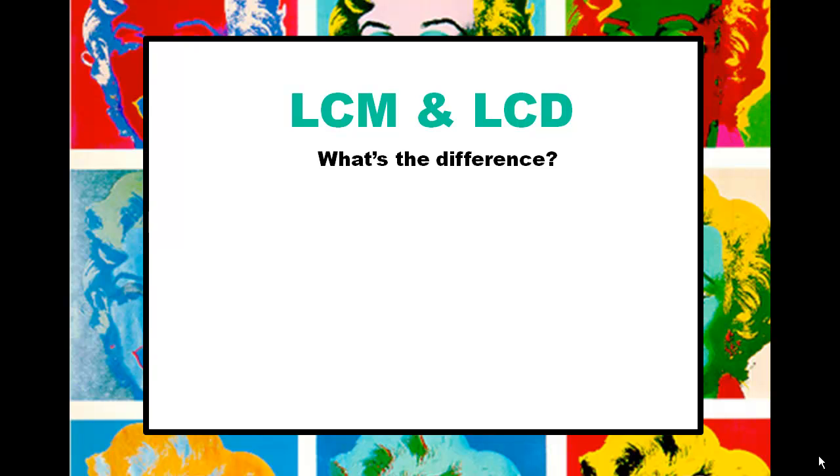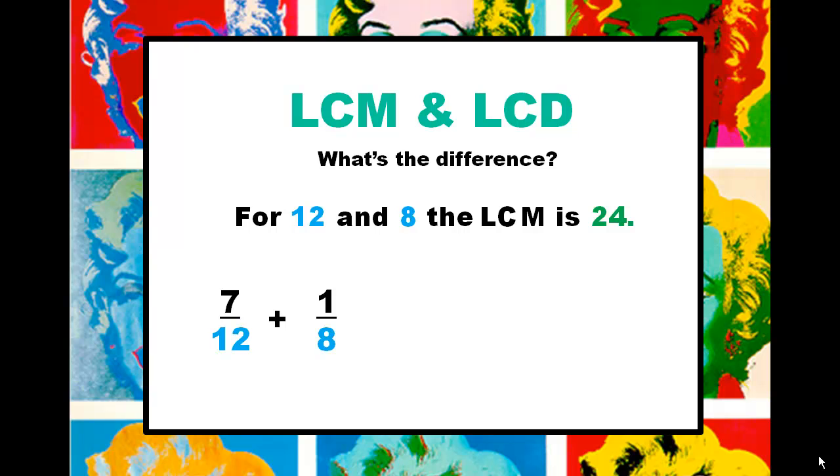People get confused also about LCM and LCD. What's the difference? Least common multiple and lowest common denominator. For 12 and 8, the least common multiple is 24. Now I'm going to take that 12 and 8 and make them into denominators for an addition problem. So I have 7 12ths plus 1 8th.